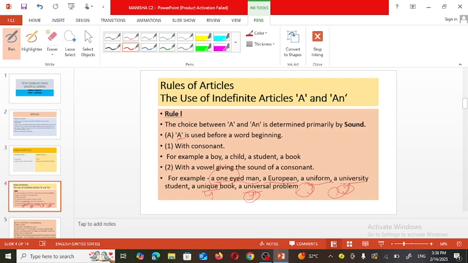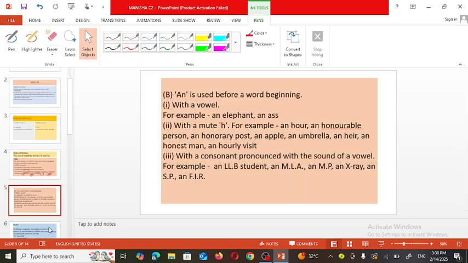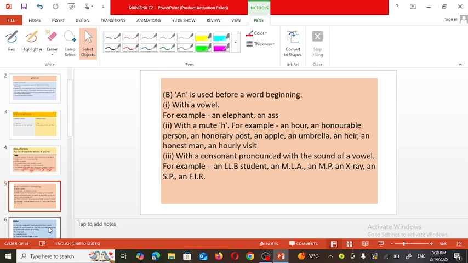Now let's move to the next slide. Now when can the article an be used? As you know very well, the vowels. Vowels means words which sound with the letters A, E, I, O, and U. But dear children, the word which starts with these letters must sound like that.